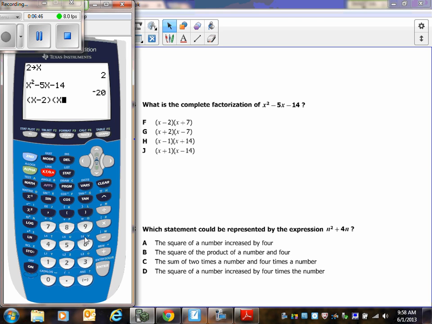Now some of you might be saying, well, it was faster to do it the other way. But go with the way that you feel most comfortable with as you prepare for your retake. Now, this gives us 0, so the answer is not choice F. I'm looking for negative 20. So let's type in the next choice.